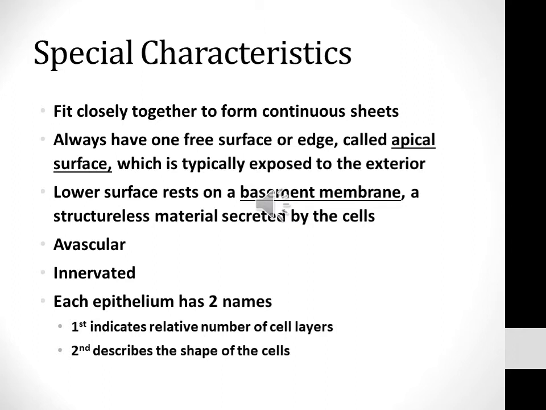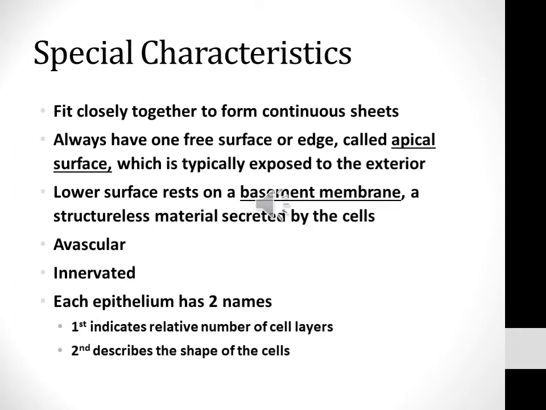And then the lower surface is going to rest on what's known as the basal surface or the basement membrane, which is structureless material secreted by cells and attaches to the underlying connective tissue.